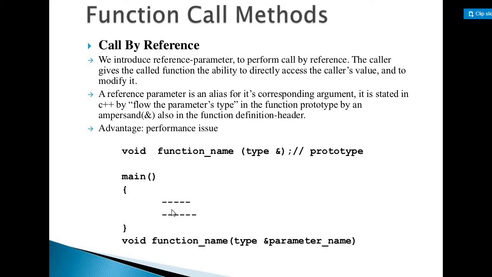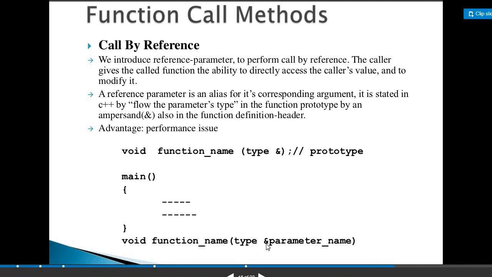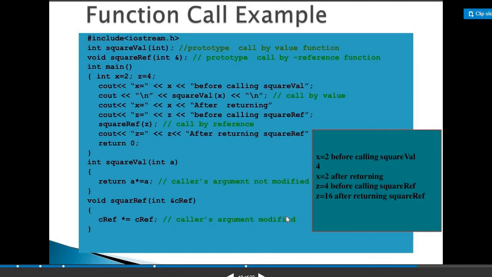The advantage is performance. If we see the example, there is a square by value function, which is call by value, and this is call by reference. In main, integer x, this one is modified, this is modified. So we see how the difference happens.